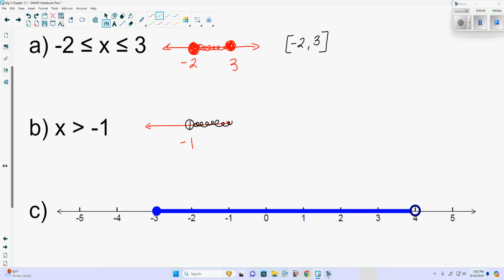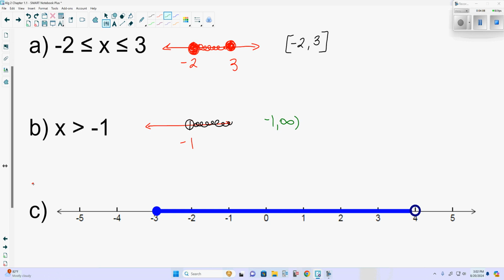Now for our interval, we put -1 and positive infinity, or just infinity. So infinity would have a parenthesis because we can never get to infinity. So infinity or negative infinity will always have a parenthesis.